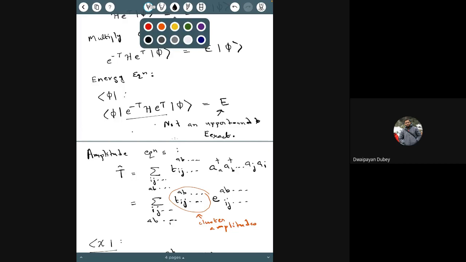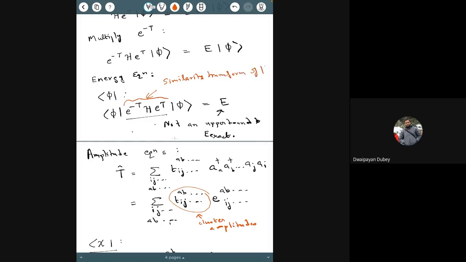What this is called is a similarity transform of H, but it is not Hermitian.